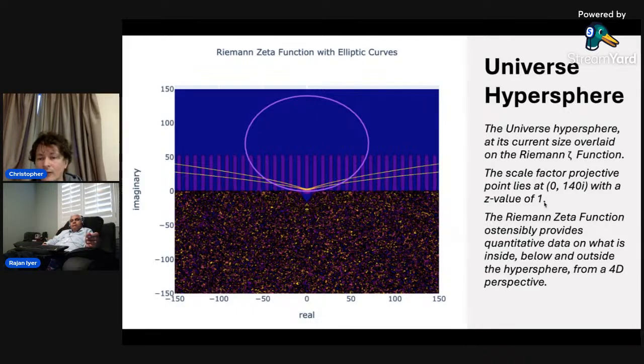And so the Riemann Zeta function ostensibly provides quantitative data on what is inside, below, and outside the hypersphere from a 4D perspective, which is interesting because this is something that we would otherwise not have any information on. So we can kind of look at that.